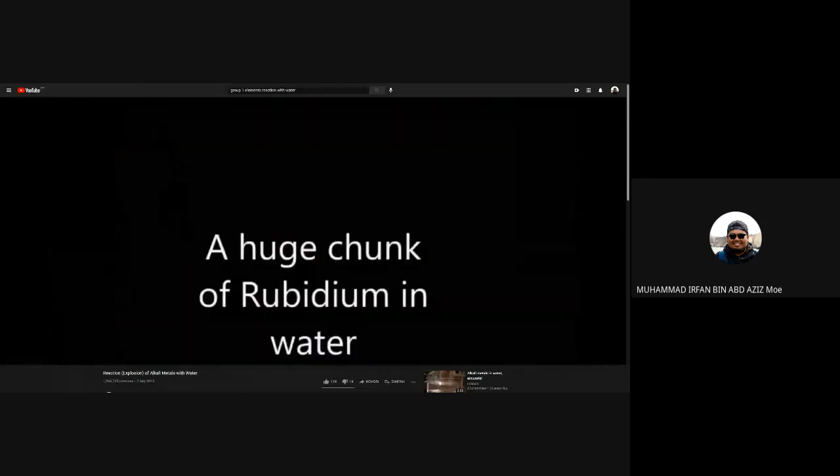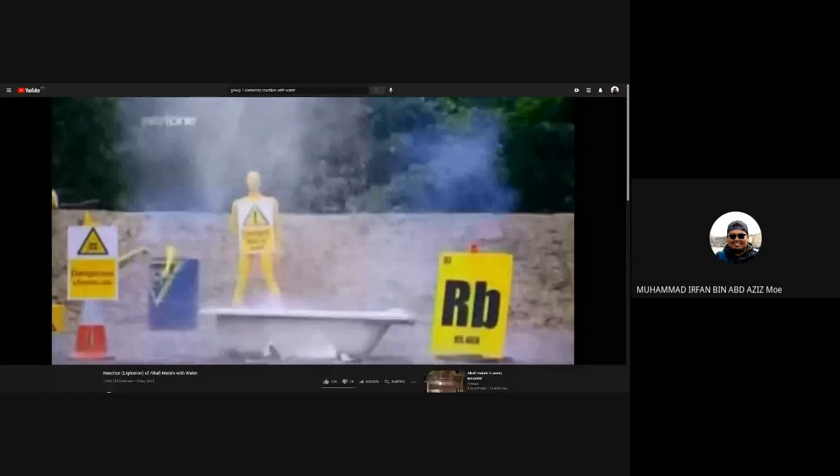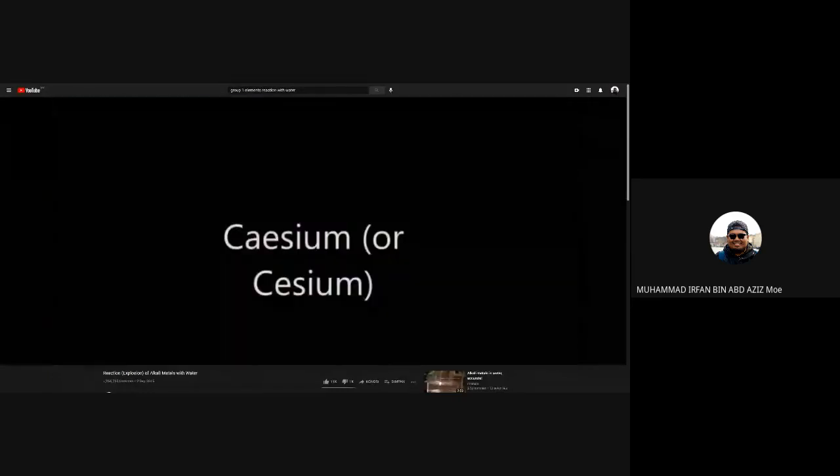Okay, a chunk of rubidium in water. Right, it broke the container, cesium. Okay, this is all going down the group. Okay, we notice what happens going down the group.